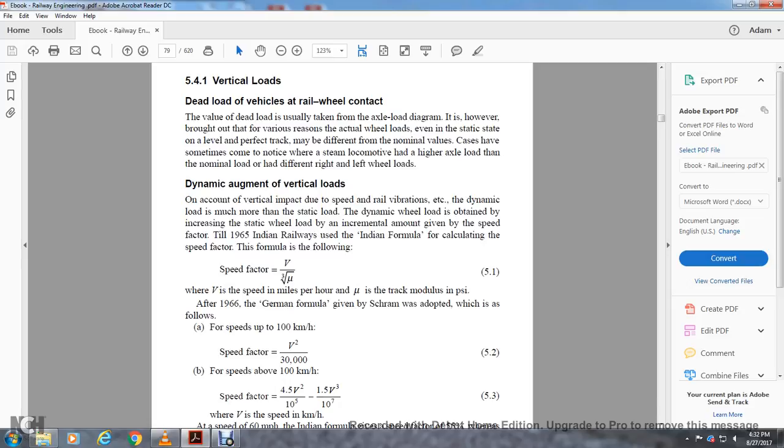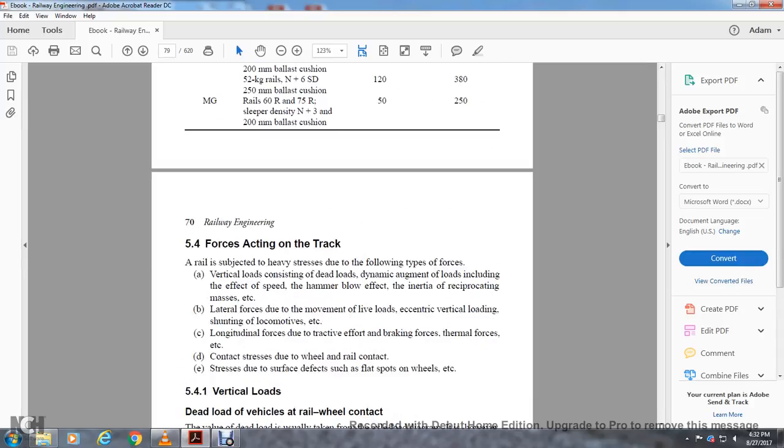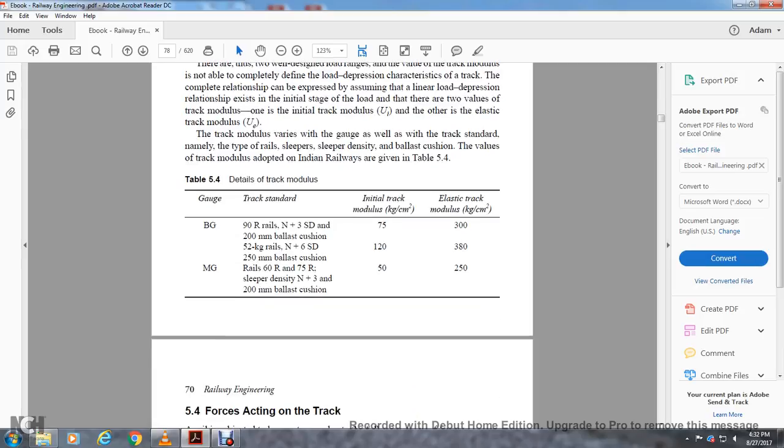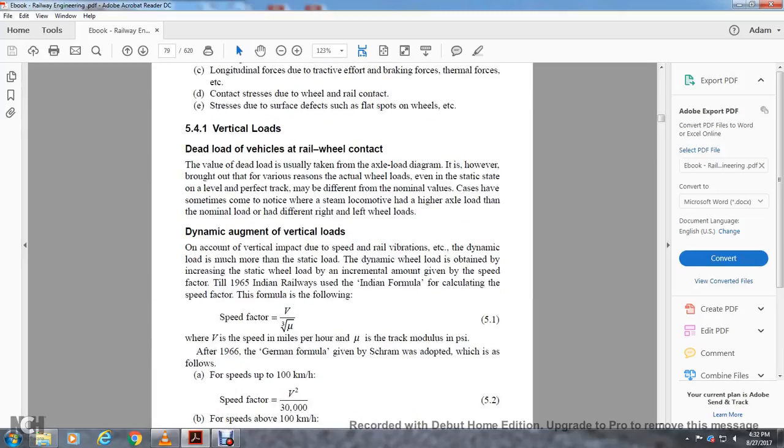Until 1965, the Indian Railways used the Indian formula for calculating the speed factor. The formula is: speed factor equals V over the cube root of the initial track modulus, where V is the speed in miles per hour and UI is the track modulus in PSI. In 1969, the German formula given by Schramm was adopted, which was as follows: for speeds up to 100 kilometers per hour, speed factor equals V squared over 30,000.